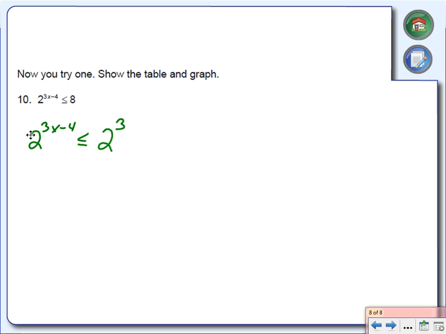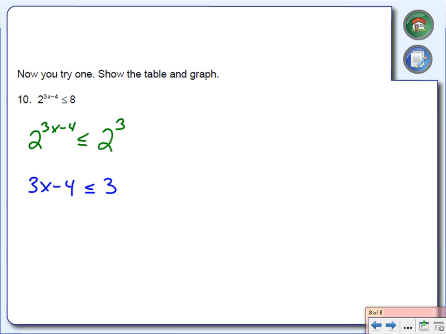Now that we have matching bases, we can go ahead and take the two exponents, which are 3x minus 4. We're not going to set them equal to each other. This time it's going to be less than or equal to 3. So again, the only difference is instead of using an equal sign, we're going to use the inequality. From here, it's just a matter of solving for x.